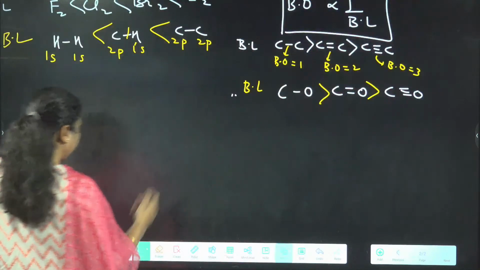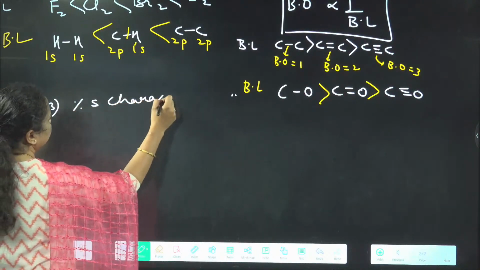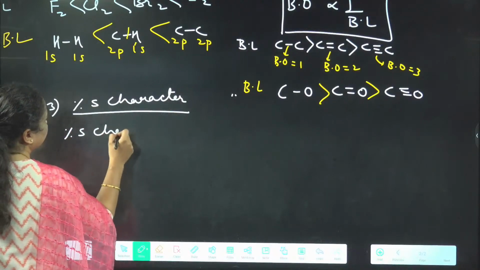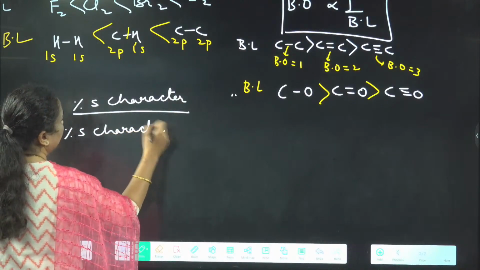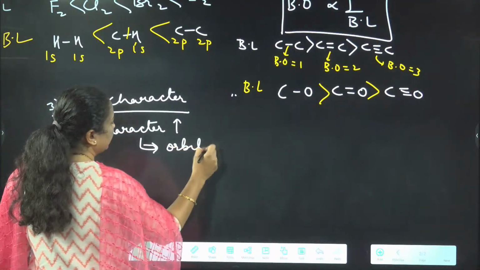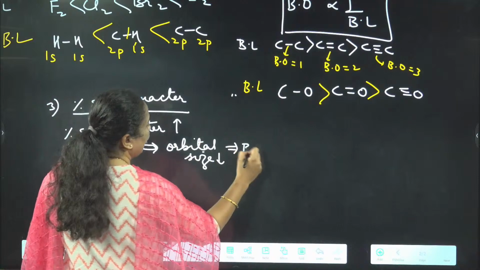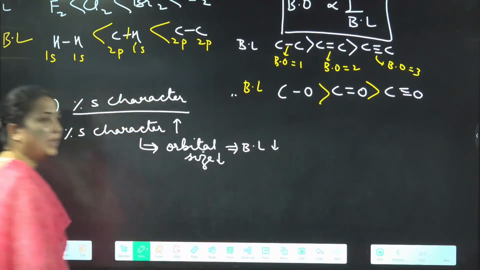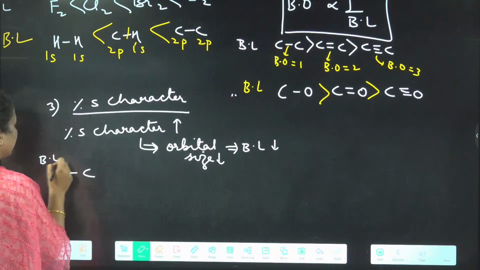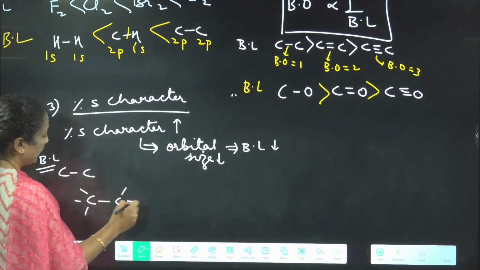Now let us see the next factor here, which is percentage S character. If the percentage S character increases, what is happening to the orbital size? That is decreasing, and because of that we say bond length decreases, right? For example, if I talk about carbon-carbon bond length, and suppose I give you, this is sp3 hybridized.